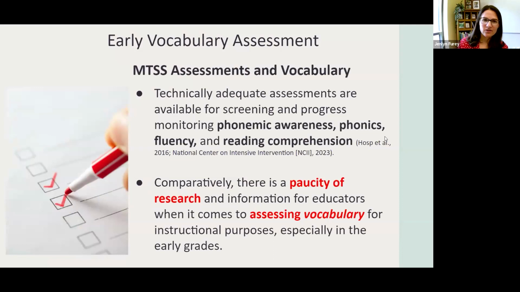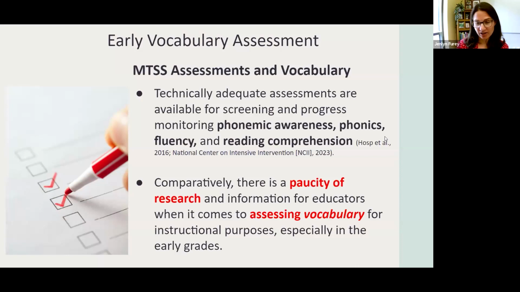So with early vocabulary assessment, compared to what's available for phonemic awareness and phonics, fluency, and reading comprehension, there are relatively few screening and progress monitoring vocabulary assessments. And that's especially true at the early elementary grades.